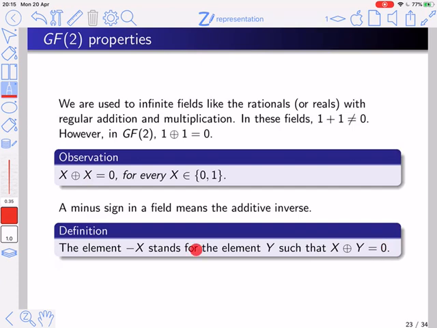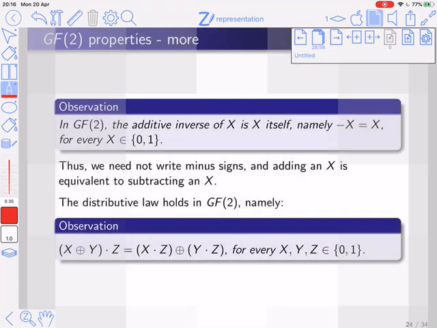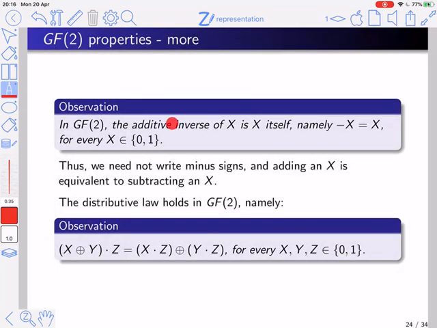So every element is the inverse of itself. The additive inverse of x is x itself. So we can write minus x equals x, which makes perfect sense because we know that x plus x is 0. What this means is that over G of 2, we need not write minus signs. Adding x and subtracting x is the same thing.